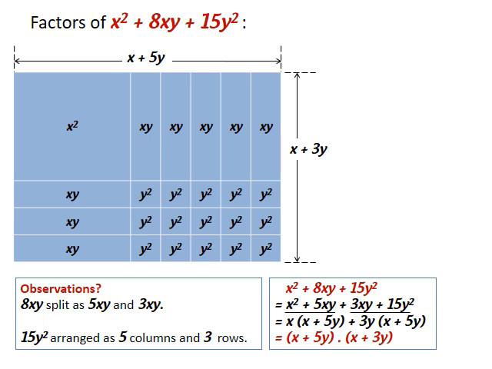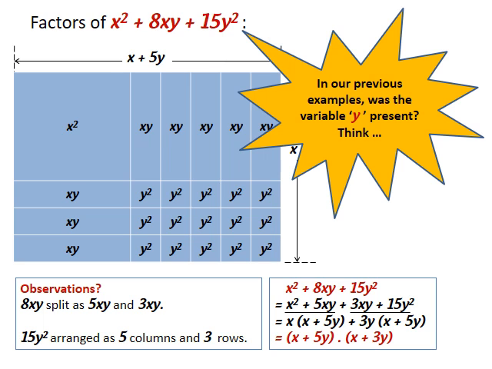Isn't it simple? So what did we do here? In our previous examples, was the variable y present? Just think for a while and check if y was present or y was not there at all.